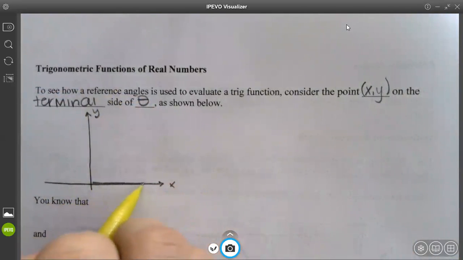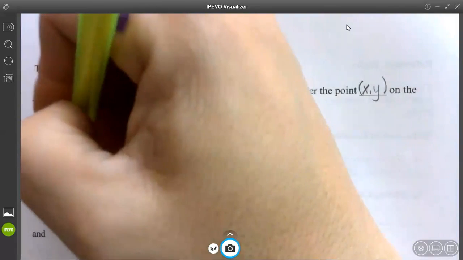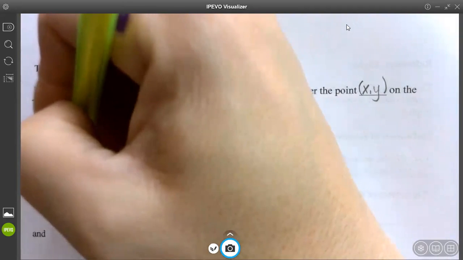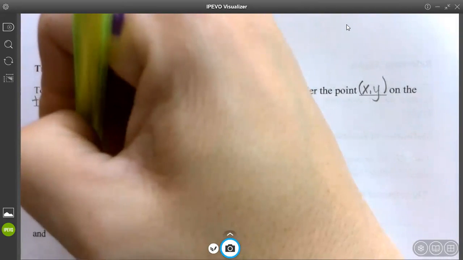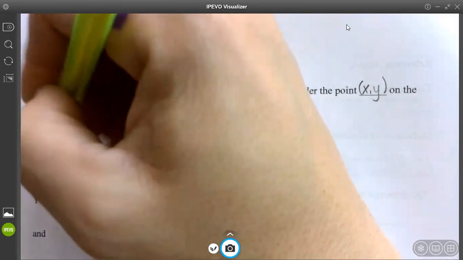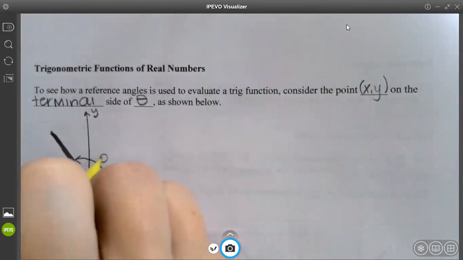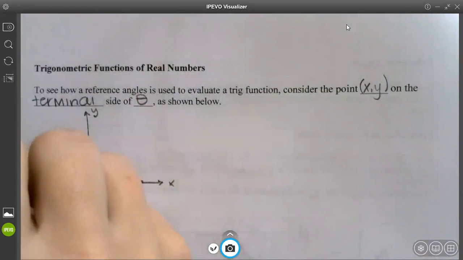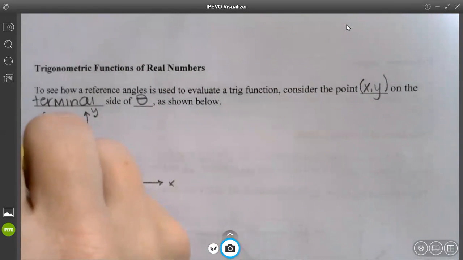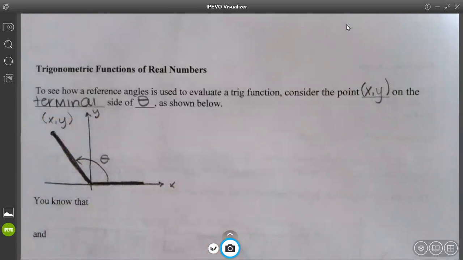I'm going to darken it a little bit. Doesn't really matter where you put the terminal side, it's all going to be the same. So there's your angle, theta. This point on the end is x, y.